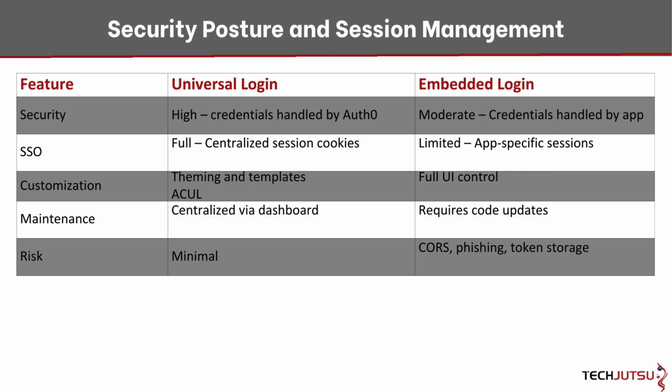In contrast, embedded login places the responsibility for credential handling on the application, increasing the attack surface and requiring developers to implement additional safeguards such as secure token storage and CORS configuration. Embedded login also offers limited SSO capabilities, as sessions are typically confined to the application where the login occurs. This limitation can lead to fragmented user experiences in multi-app ecosystems.